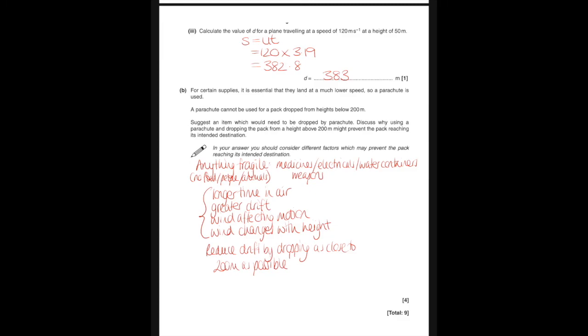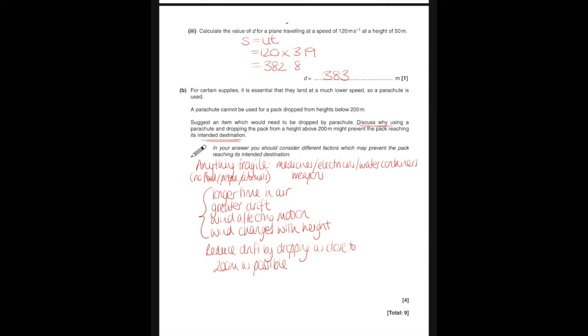None of this is really physics particularly. It's a bit of common sense. What you need to try and do is, as I say, you get 1 mark for suggesting a reasonable item. Discuss, you can see that it says discuss why using a parachute might prevent it reaching its intended destination. So this is not about damage, so please make sure you've read the question. Nowhere here does it say it might break.